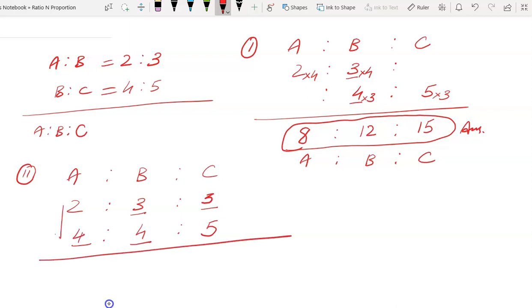Now you will multiply this way. 2 into 4 is how much? 8. 3 into 4 is 12. 3 into 5 is 15. So A is to B is to C is 8:12:15. Now the method which I prefer is this one.